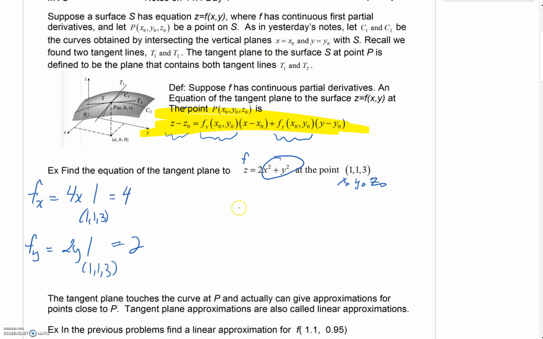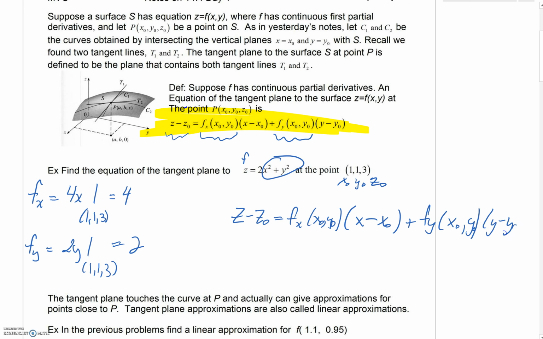Following this guideline, we'd have z minus z naught equals f sub x at a given point. It's only going to take you a moment to write the equation of your tangent plane, and we'll be done pretty much in a heartbeat. Z naught is 3.